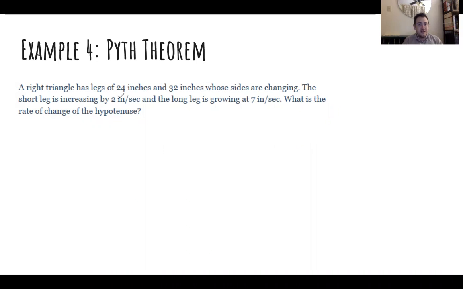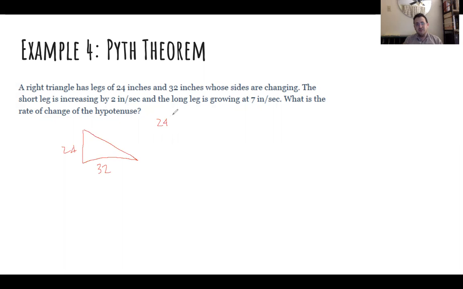In this problem, we have a right triangle with legs of 24 inches and 32 inches. It does not give us the hypotenuse, but we can find what that hypotenuse is.